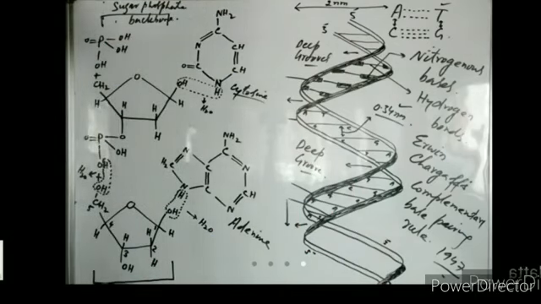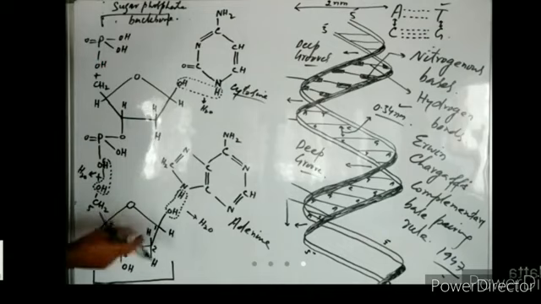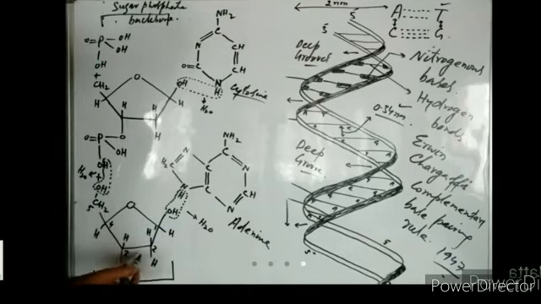What is the direction of this single strand of the DNA? I want to make you understand what is 3' end and what is 5' end. This is the first nucleotide, it joins with the second nucleotide, then the remaining nucleotides, right? So here in the pentose sugar, this is carbon first, second, third, 4, 5.